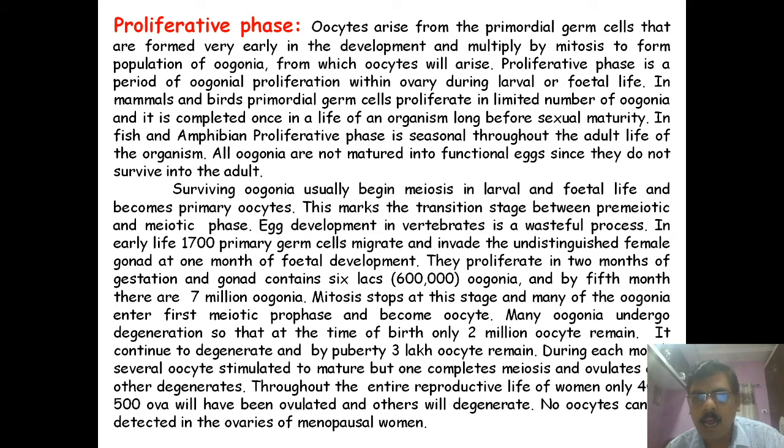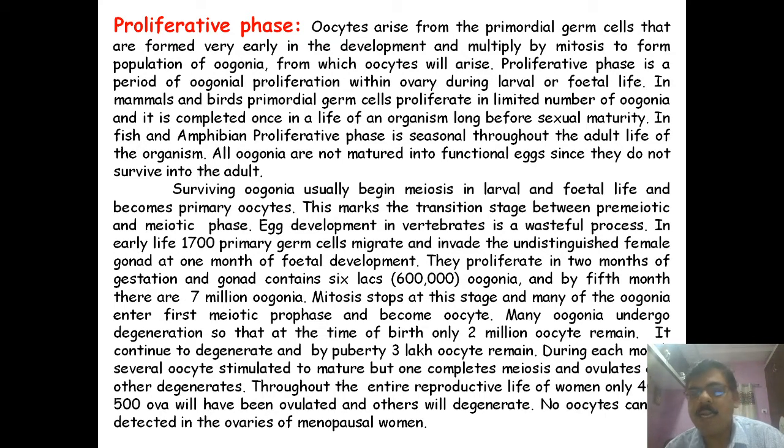All oogonia do not mature into functional eggs since they do not survive into the adult. Surviving oogonia usually begin meiosis in larval stage and fetal life, and these become primary oocytes. This marks the transition stage between the pre-meiotic phase and the meiotic phase.